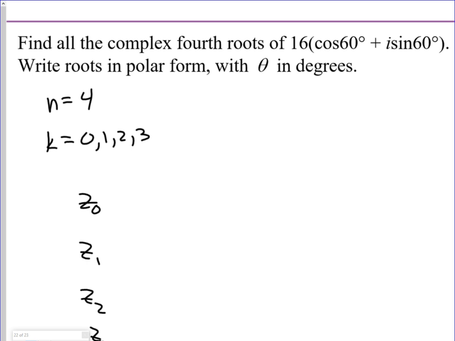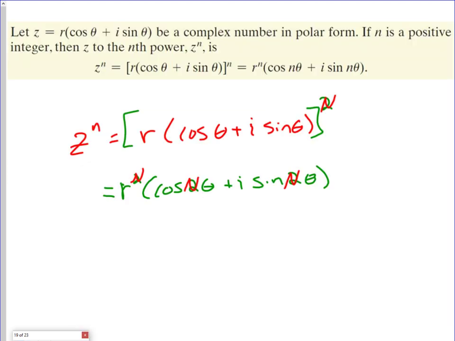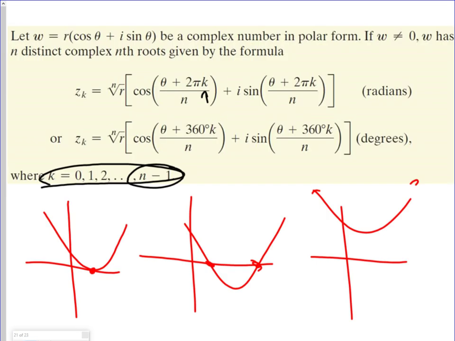Then n is 5, and you're doing it 5 times, where k is 0, 1, 2, 3, and 4. Say that one more time. The number of times that you go is going to be n times, so you can start with 0, technically.